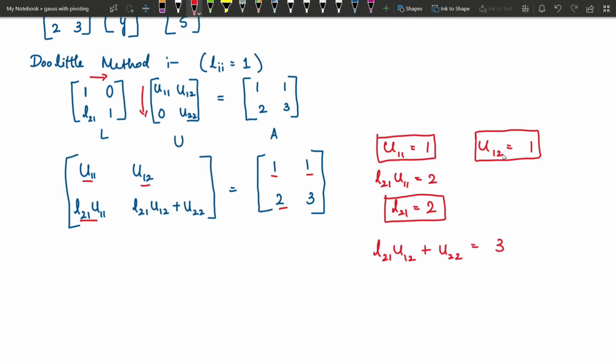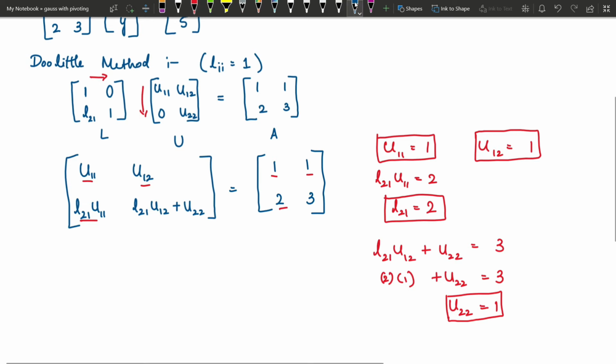Okay. Now let's equate the next one, which is L21 U12 plus U22, and this is equal to 3. We already know the values of L21 and U12. L21 is 2 and U12 is 1. So 2 into 1 plus U22 equals 3. 2 into 1 is 2, that goes to the RHS, it becomes 3 minus 2, which is 1. Therefore U22 is 1. Okay.